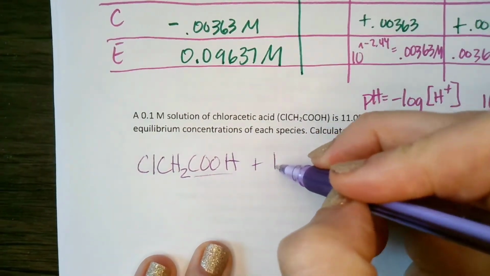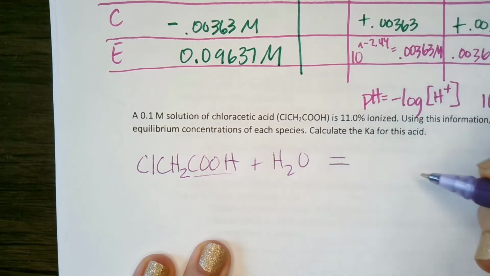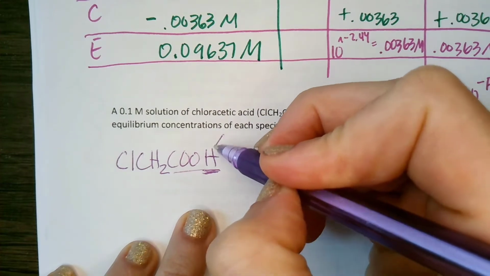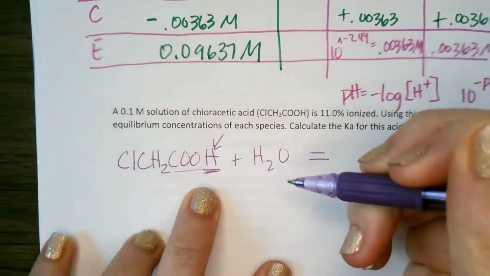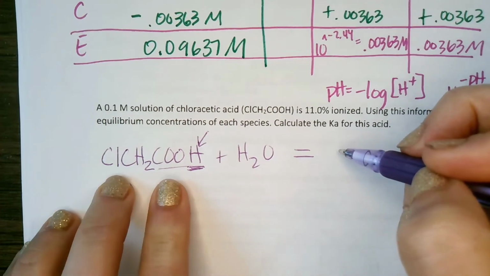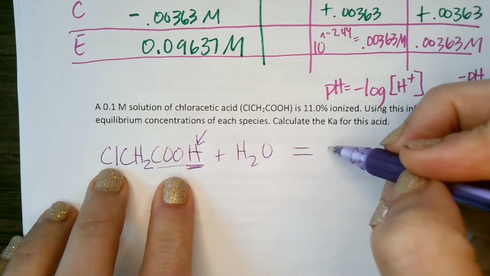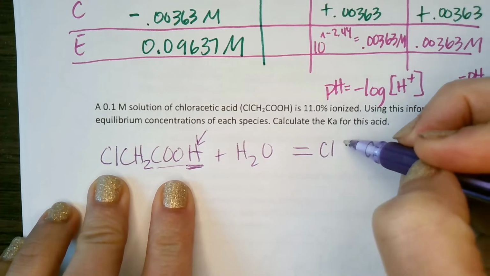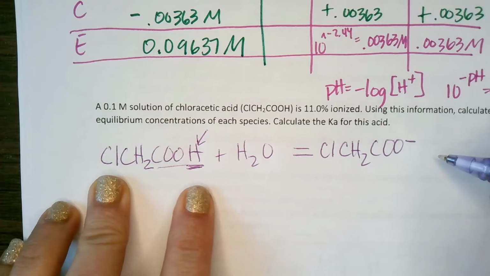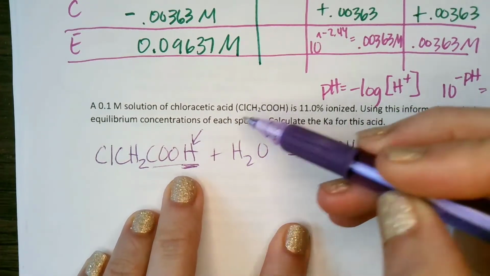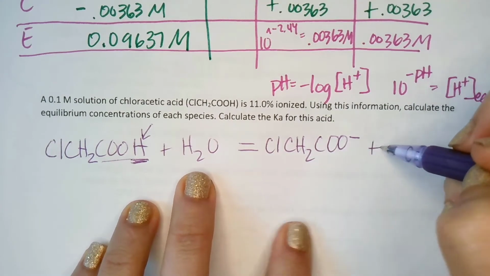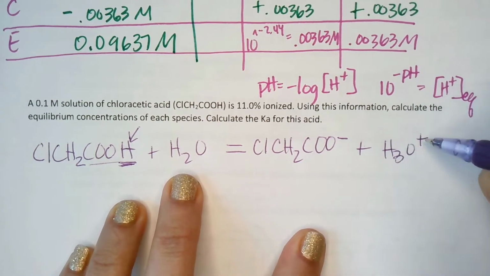And assuming that we're placing it in water and it's setting up an equilibrium, this H here is our acidic hydrogen that will be plucked off. So we're going to have our conjugate base over here, ClCH2COO minus. And again, that's the proton that is leaving, and it is going to be forming our H3O plus.